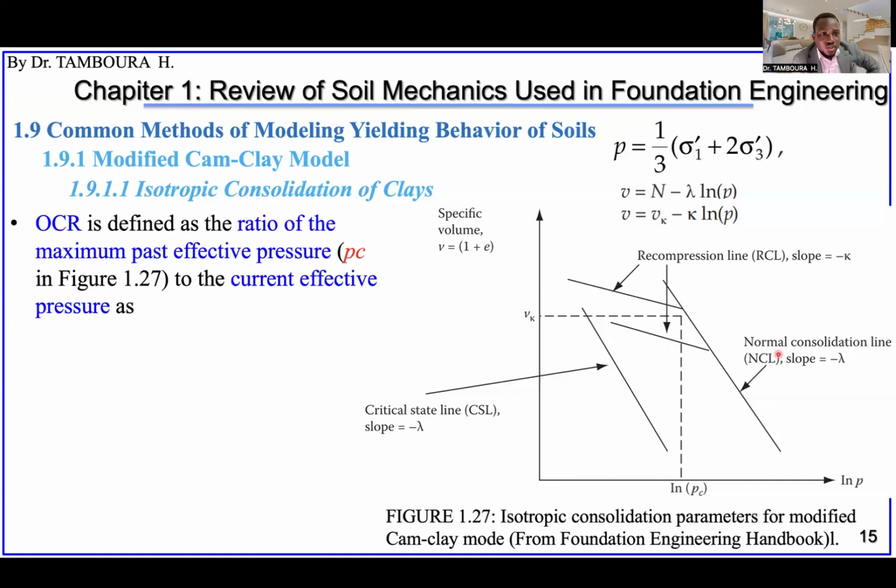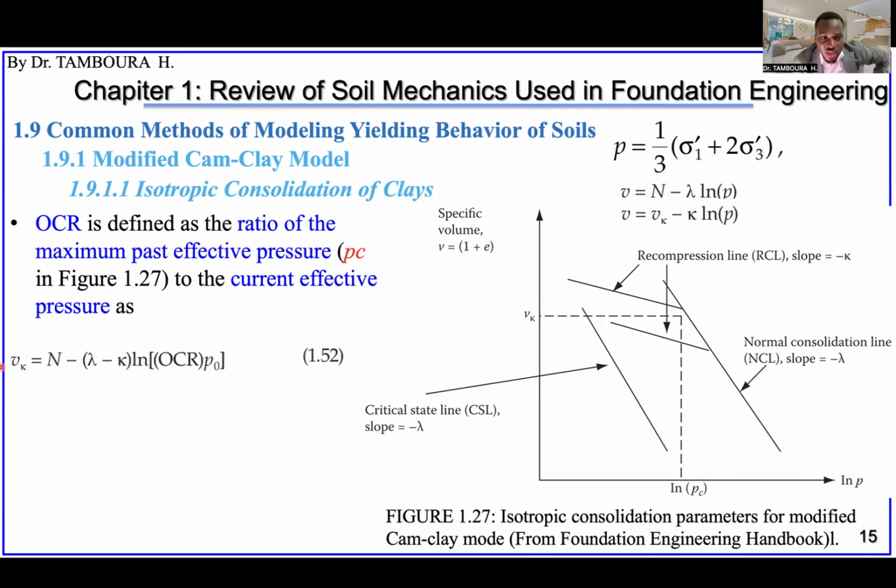So over consolidation ratio is defined as the ratio of the maximum past effective pressure, PC, which is the maximum the soil has previously experienced, to the current effective pressure. Right now, what is the load that is applied on our soil? This is the over consolidation ratio.